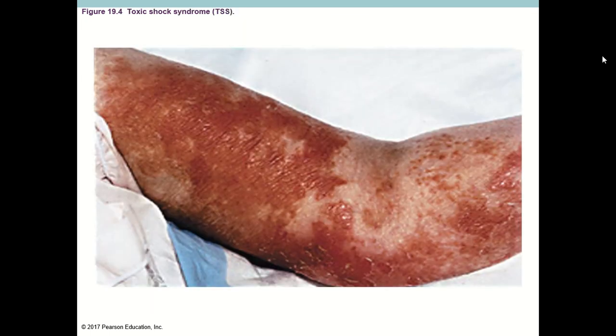So the TSS toxin, which stands for the toxic shock syndrome toxin, is produced by a staphylococcal species, which can grow not only on the skin but also on surfaces, for example, of tampons.